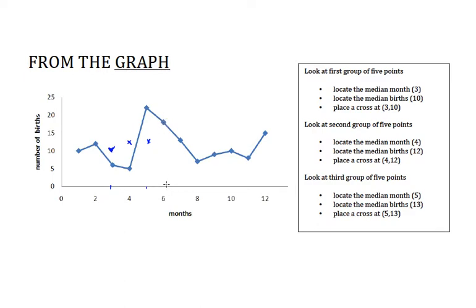Moving across to 6. Okay, 1, 2, 3, 4, 5. They're my 5 points. Lowest, 2nd, 3rd. So it's in line with that one again. You can see we're getting quite a straight line here, aren't we? Or a bit more of a horizontal line is what I'm trying to say.